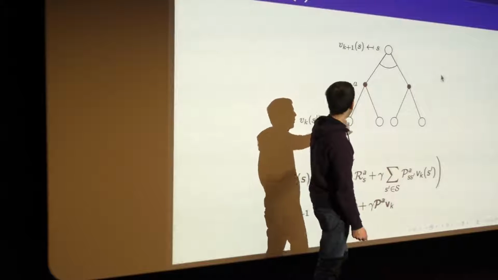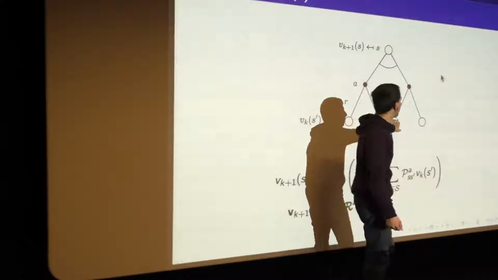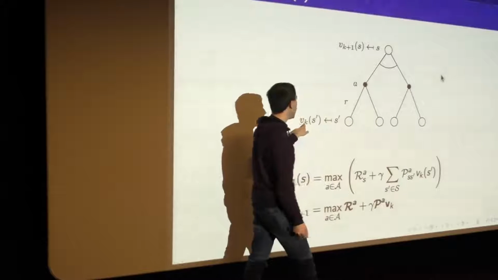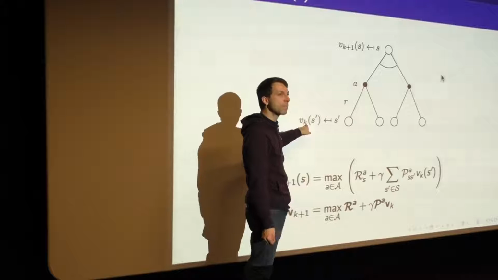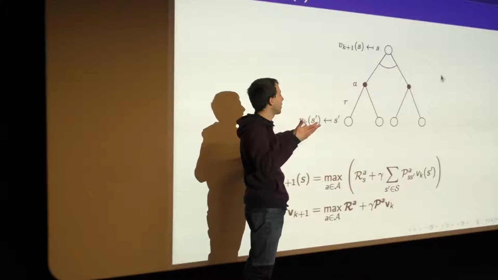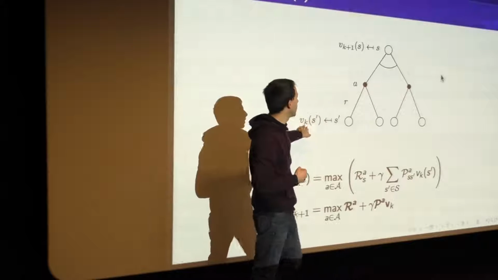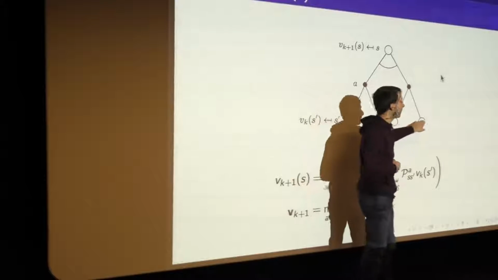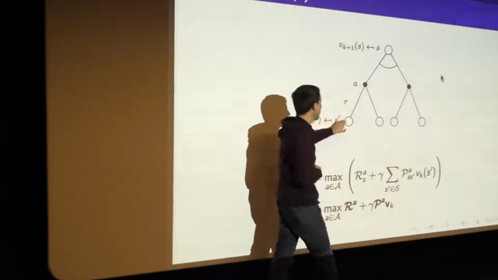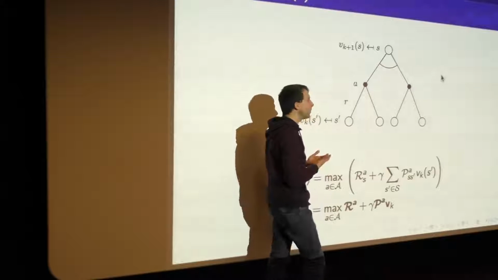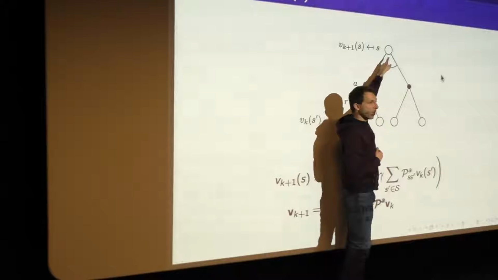We start off with our old value function vk, iteration k of the algorithm, and put it in at the leaves. This is whatever we thought the value was at the leaves before.